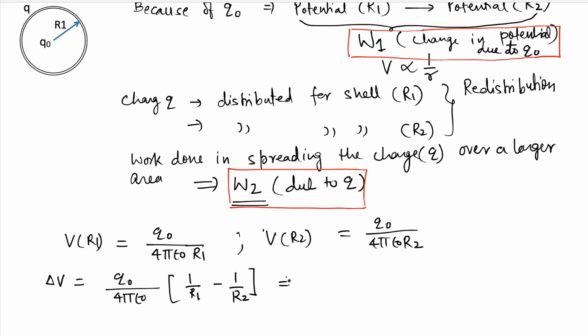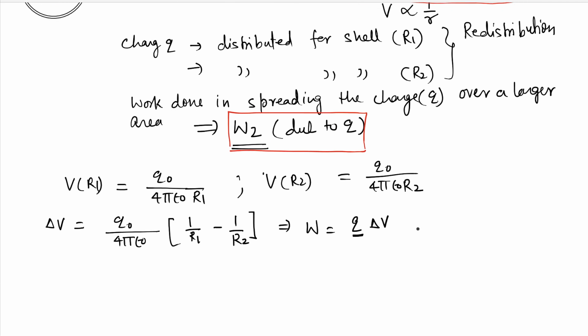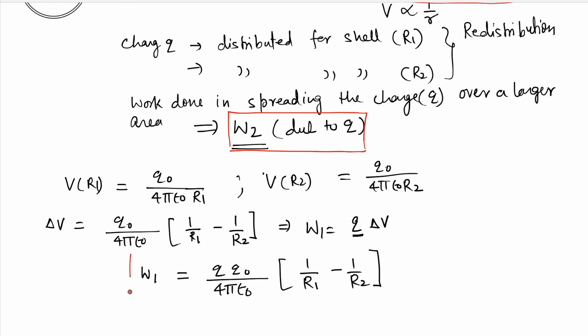Therefore work done will be Q delta V, because Q is the charge for which we are changing the potential. So W1 is Q0 by 4 pi epsilon naught times 1 by R1 minus 1 by R2. Okay, so this is the work done.